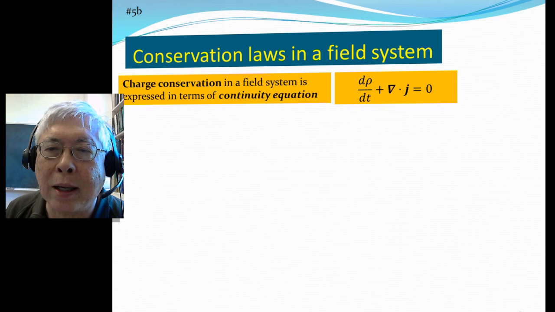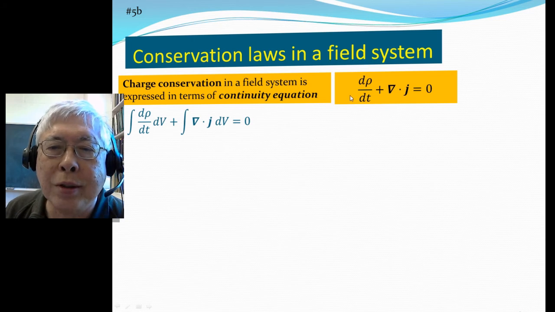Now, why is that a conservation statement? You can check by doing a volume integration of this equation. I integrate the first term over the volume, and the second term over the volume.